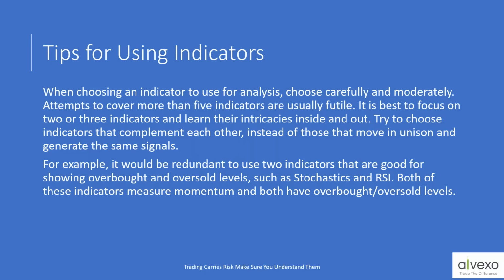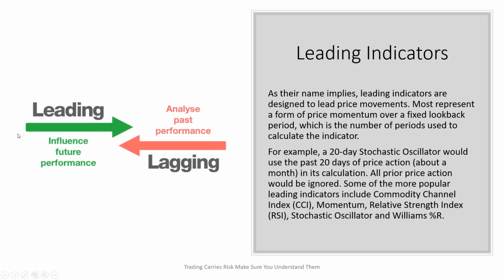Try to choose indicators that complement each other instead of those that move in unison and generate the same signals. For example, it would be redundant to use 2 indicators that are good for showing overbought and oversold levels, such as stochastics and RSI. Both of these indicators measure momentum, and both have overbought and oversold levels.